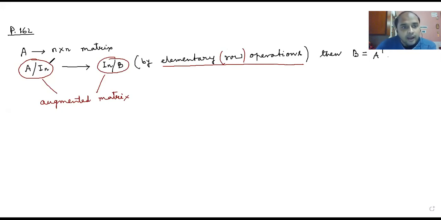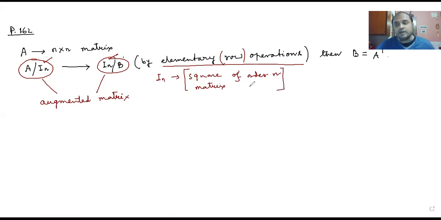And what is I_n? These I_n are actually square matrices of order n. So now I'm going to find the inverse of the matrix which was found just before the disconnection.